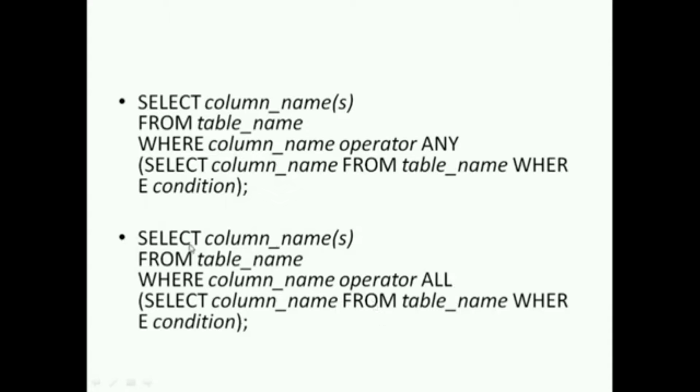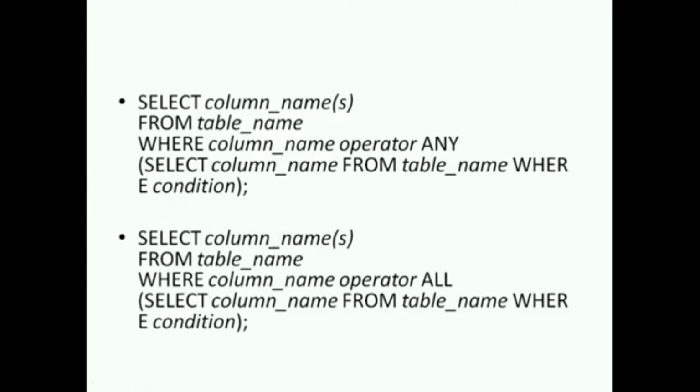So when you write select id from table where id greater than ALL of this, then the id which is present here has to be greater than all the values inside this. Like if I write 1, 3 and 5, whatever id is here, it will check first if id is 1, whether 1 is greater than 1, 1 is greater than 3, 1 is greater than 5.